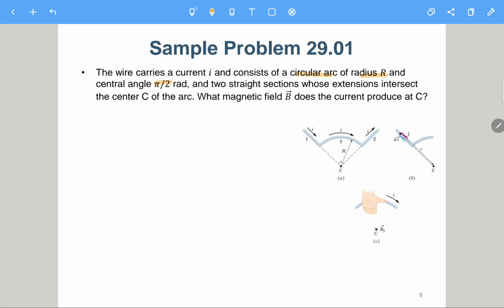What is the magnetic field B that the current produces at C? So we consider the magnetic field at this point.